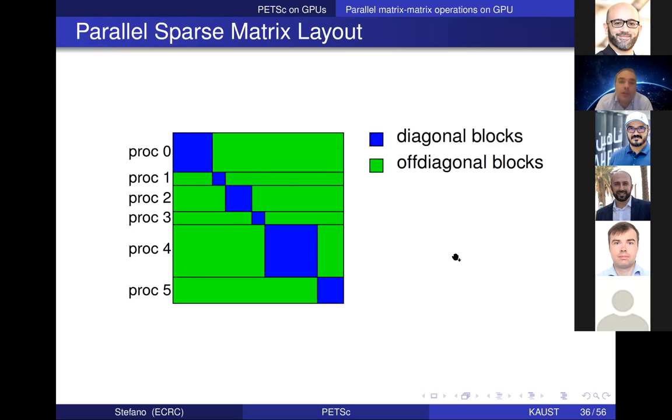and so forth. So what is standard in HPC is to identify the diagonal blocks of the matrix and the off-diagonal blocks of the matrix. The off-diagonal blocks are usually very sparse, while most of the action is taken on the diagonal block.